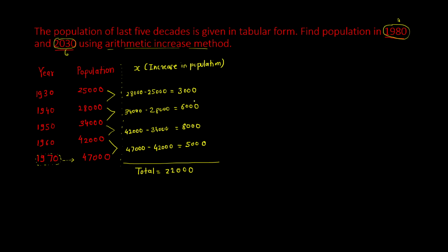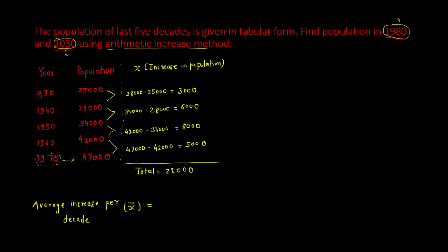Now how many values are there? These are the 4 values. The next thing that we have to calculate is the average increase per decade. So this is the value of x bar.